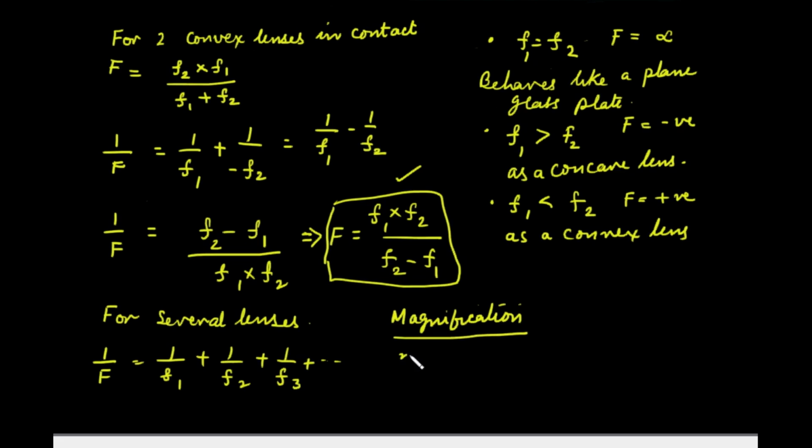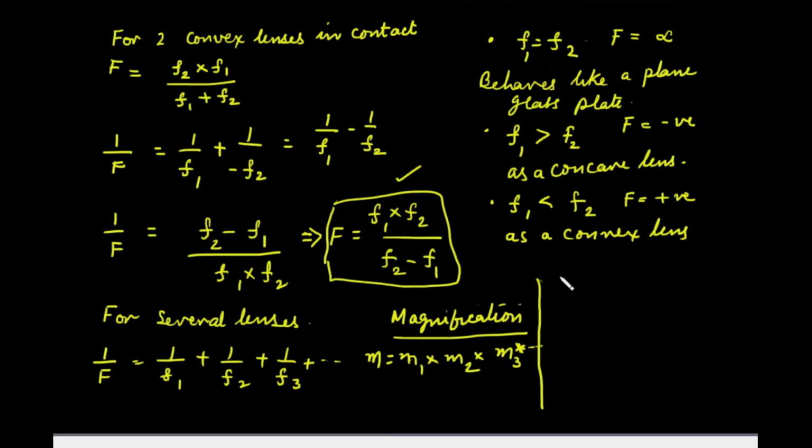Let us mark it as M1, M2, M3 and so on. So the effective magnification will be the product of the magnification of all the lenses. Magnification increases. Combinations of lenses are used in gadgets like microscopes and telescopes. So in such cases, magnification can be improved by this combination.